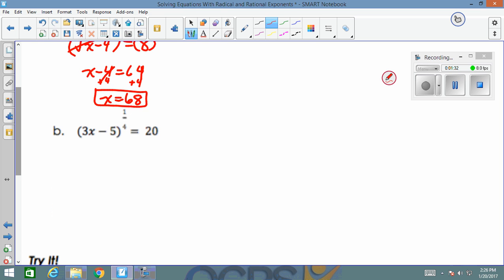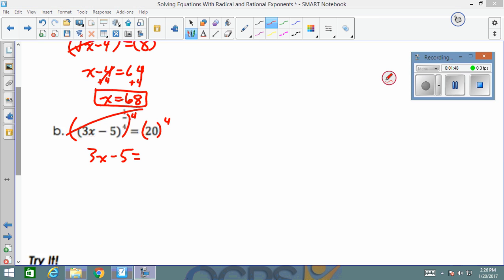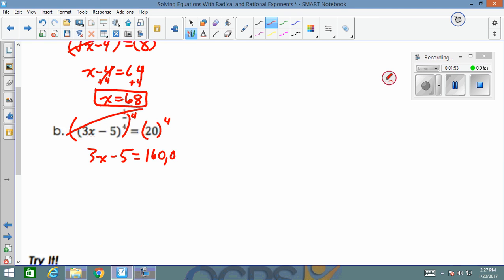Okay, we're going to do the same thing for the next one. This time we don't have anything on the outside, so we're just going to raise it to the 4th power. And you get 3x minus 5 equals 20 to the 4th, which is 160,000.